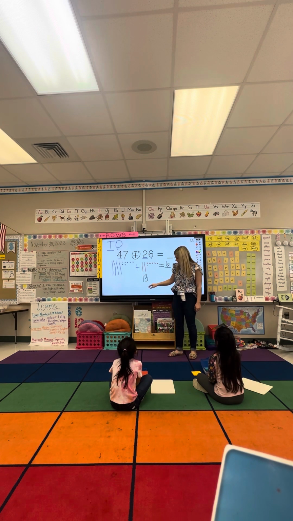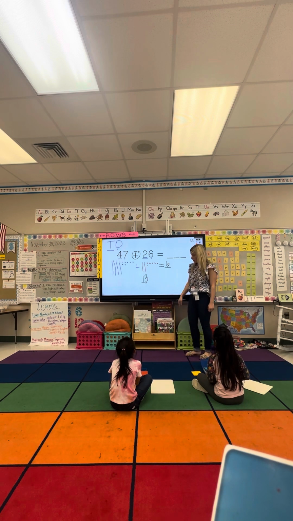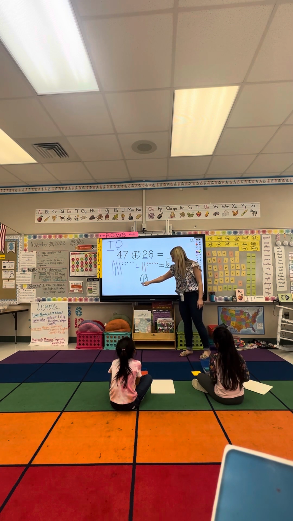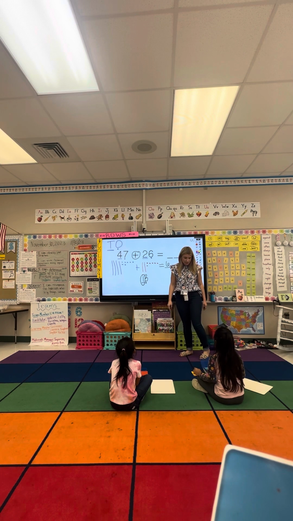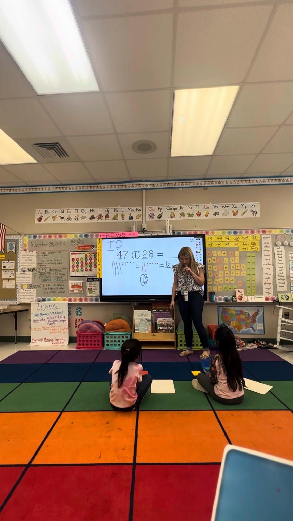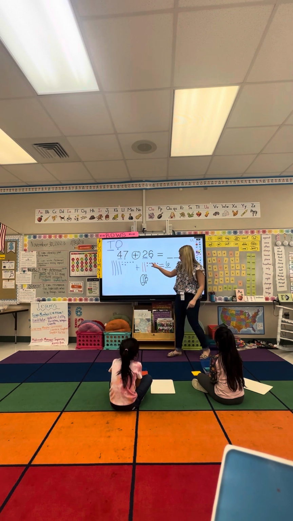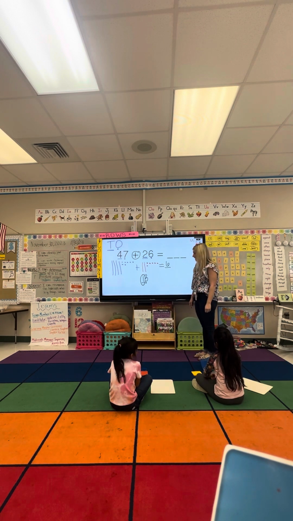Now if I mark up a 13, tens and ones, do I have a tens place now? Yes. So if I have 13 ones, now I have a number in the tens place. That means I get to do something called regroup. Can you say regroup? Regroup. So I regroup 10 of my ones, and guess what I can make?